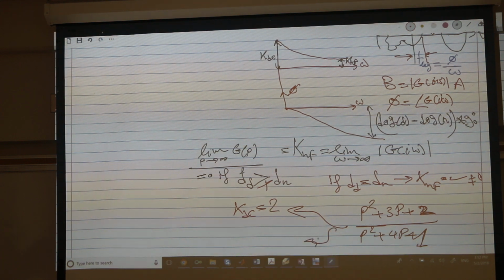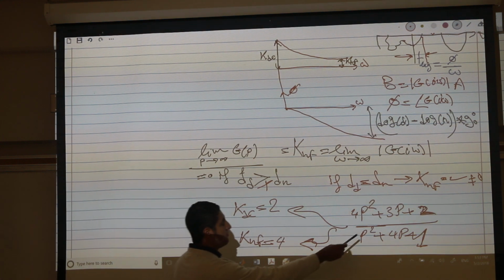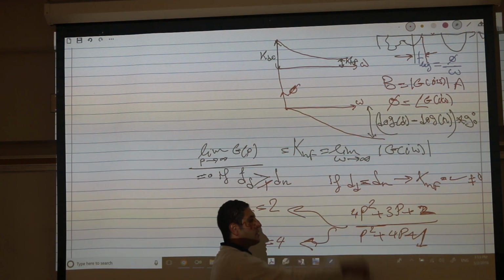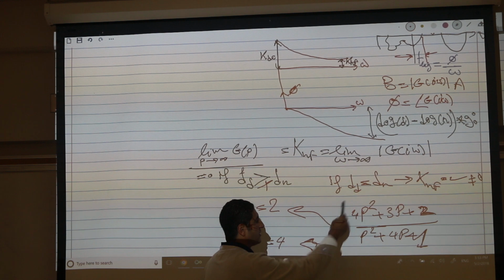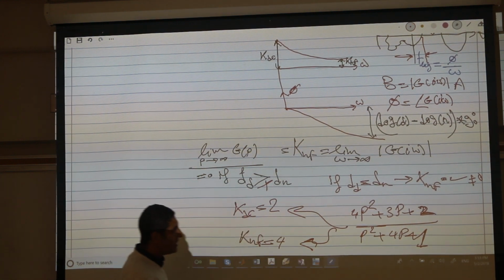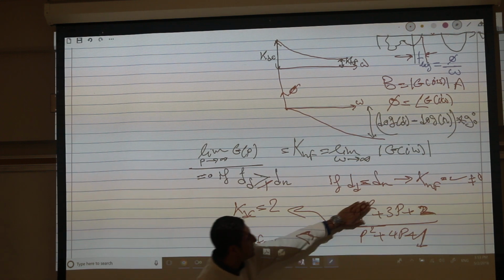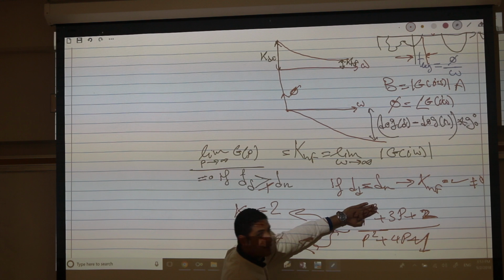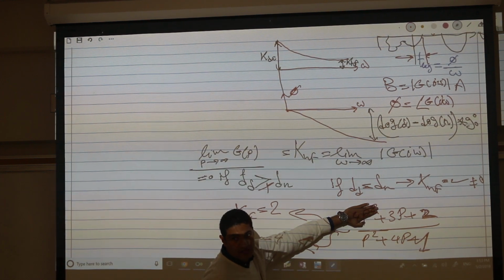What's the high frequency gain? 1. Yes, this is 1. I'll make this 4 just to check. So for the high frequency gain, put p equals infinity. You divide by the largest power, p squared, and typically it's the division of the coefficients of the largest power. So you can immediately see here, if this guy is not there, if the degree is not equal, so this is less than that, then the high frequency gain is 0, right?